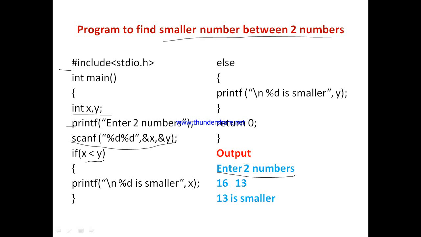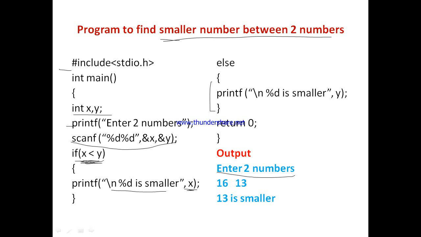Now when this condition becomes true, when x is less than y, we have to find the smaller number, so here we have printed x, percentage d is smaller. And when this condition becomes false, the else part is executed.